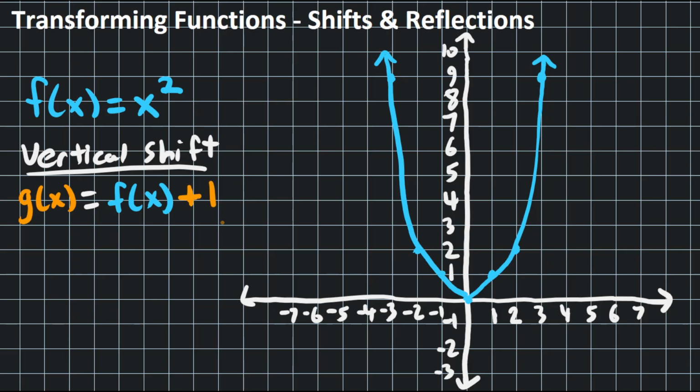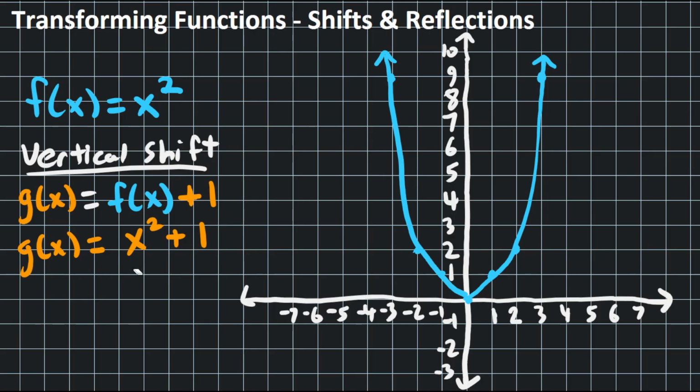So f of x plus 1. Now we can actually also figure out the formula for g of x. So g of x equals, what's f of x? Well, according to this, f of x equals x squared. So we could simply substitute f of x for x squared, and then bring down the plus 1. So g of x is x squared plus 1.